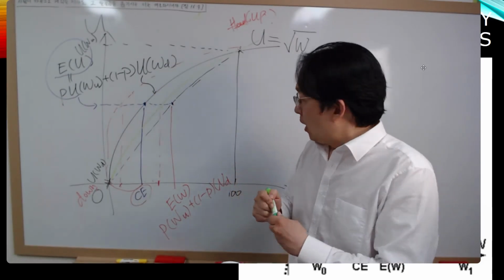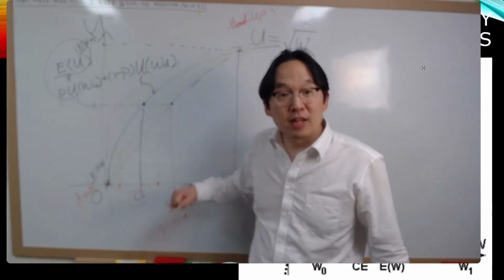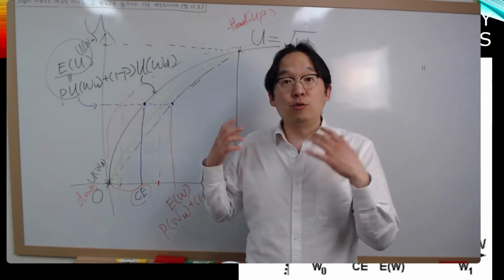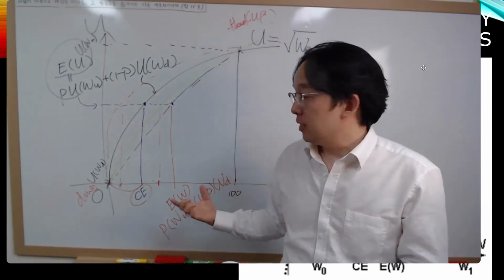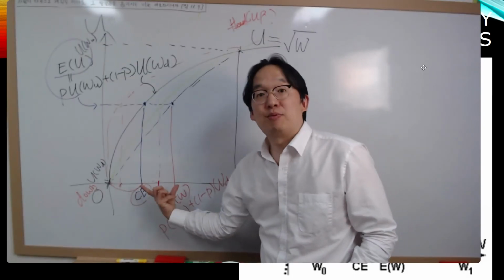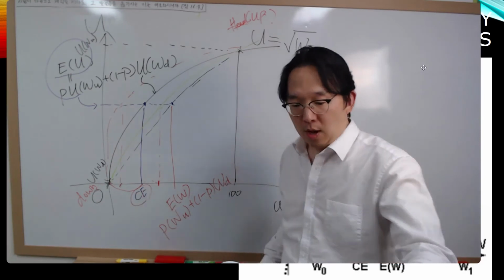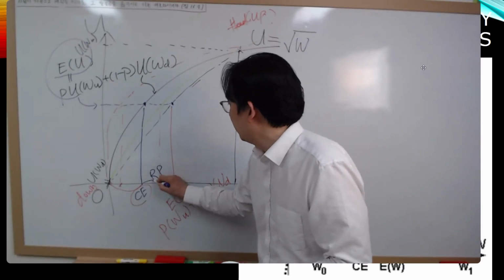Now, this gap between your expected wealth and certainty equivalent has to do with your risk aversion, okay? And this is called risk premium, RP. Yes, risk premium. So that's RP, risk premium, right?